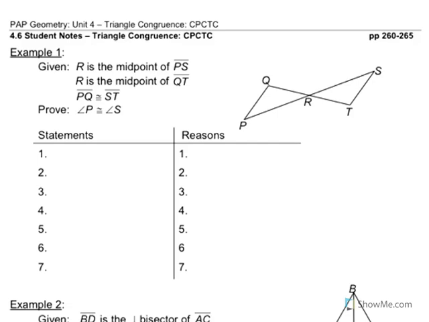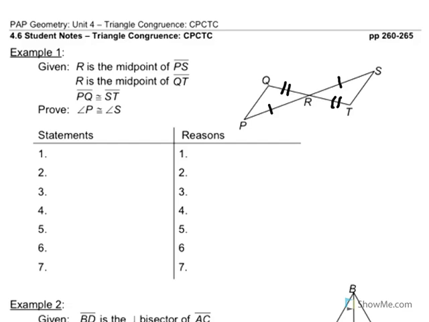And we'll go through the proof in a minute, but let's just map out what we're going to say. We know that since R is the midpoint of PS, PR is congruent with RS. And since we know R is the midpoint of QT, we can say this is congruent with this.